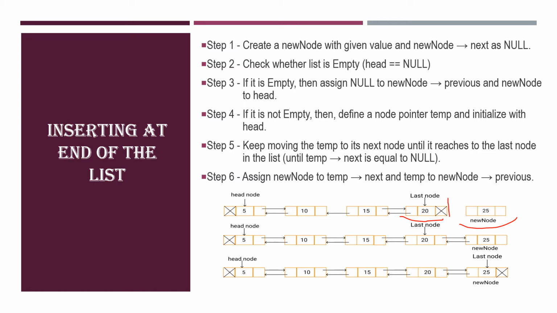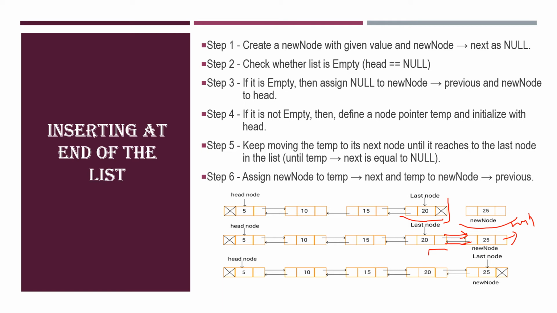So this is the last node right now, so the next part of the last node is marked as null. But now I want to insert 25 as my last node. So the next part of the last node should point to the new node which I created, the next part of the new node should be marked as null, and the previous part of the new node should point to the previous node, that is the last node.